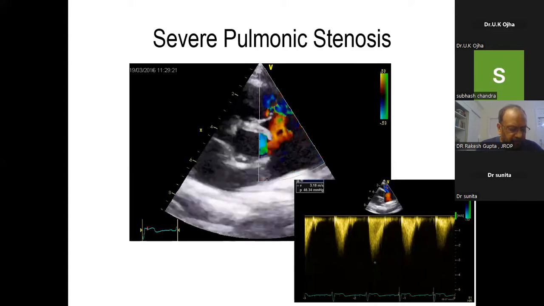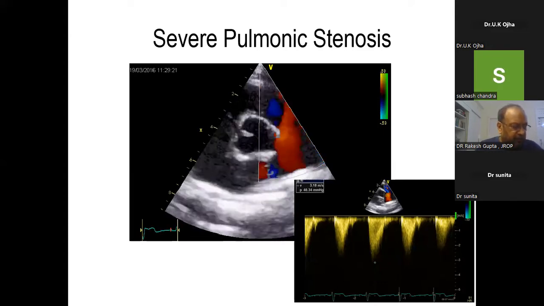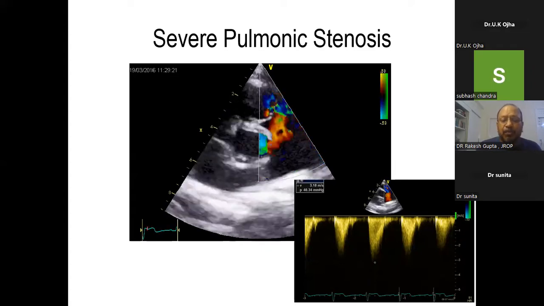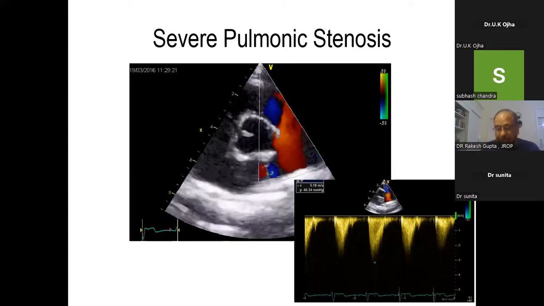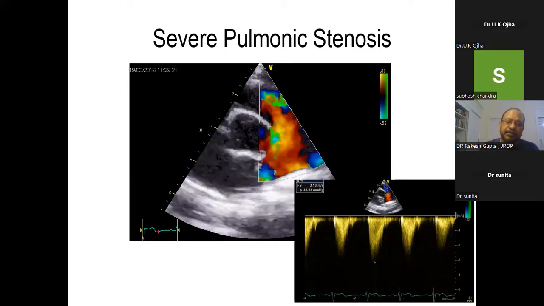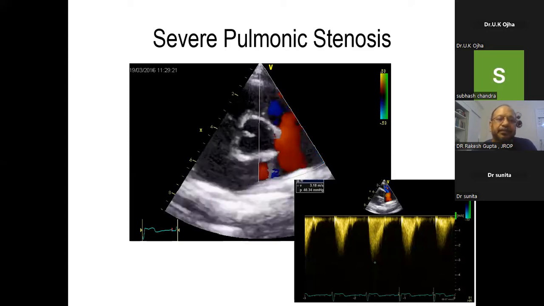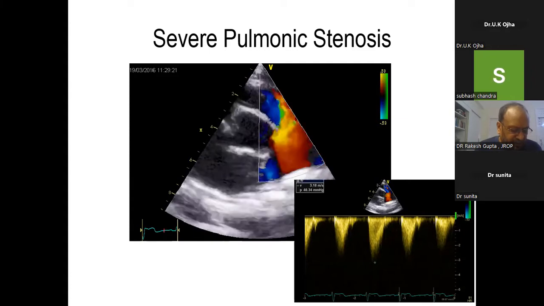Rarely, it's required once in thousands, because Doppler gives you a very good value. Where we have some problems, like I showed you one example, only then I subjected that patient to transesophageal echo. Otherwise, the transthoracic is fairly good enough to give you everything.